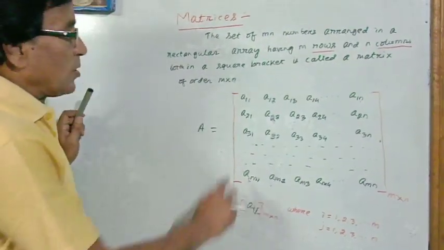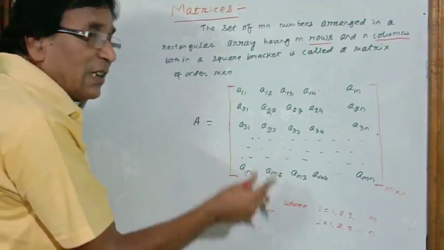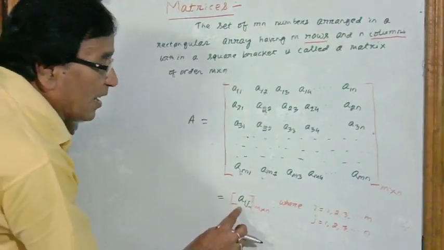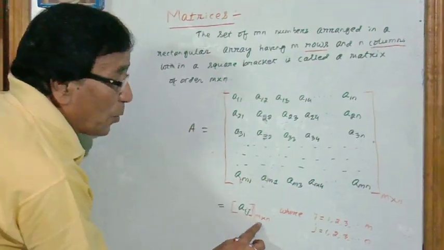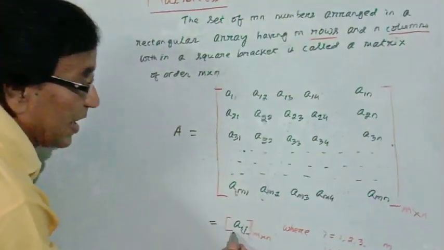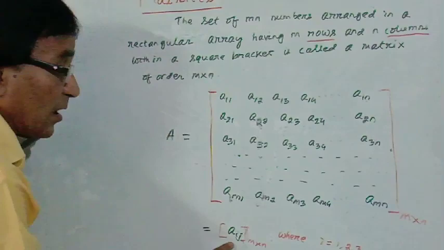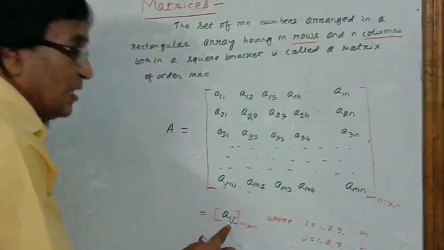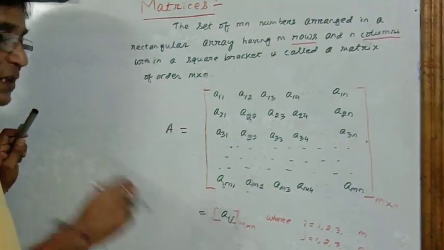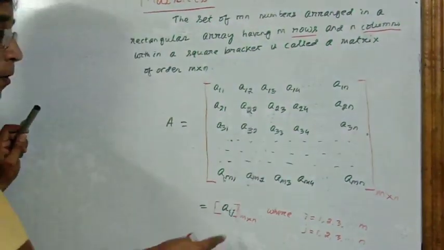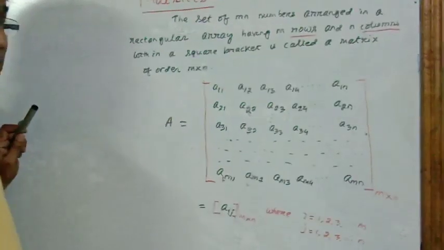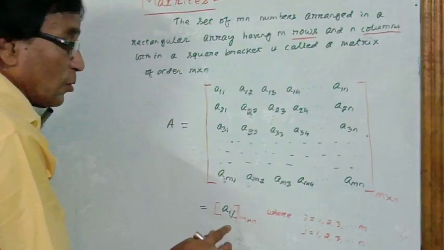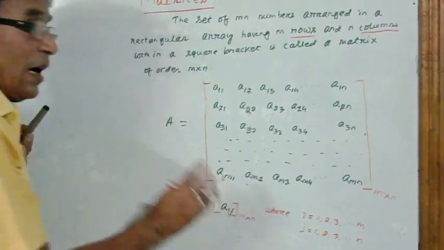In short form we can write this matrix as aij of order m cross n. So what is aij? Aij is the general element of this matrix. That means aij is an element which belongs to the ith row and jth column.